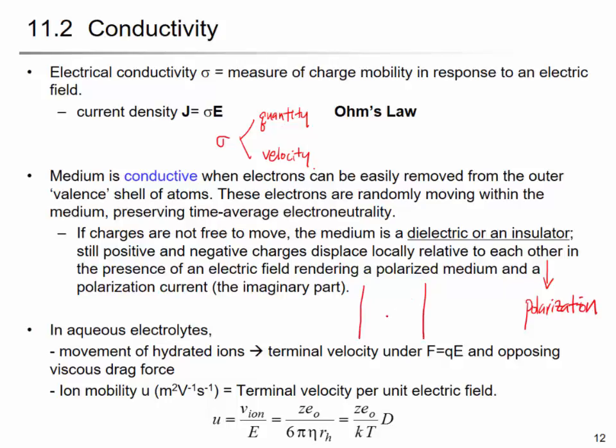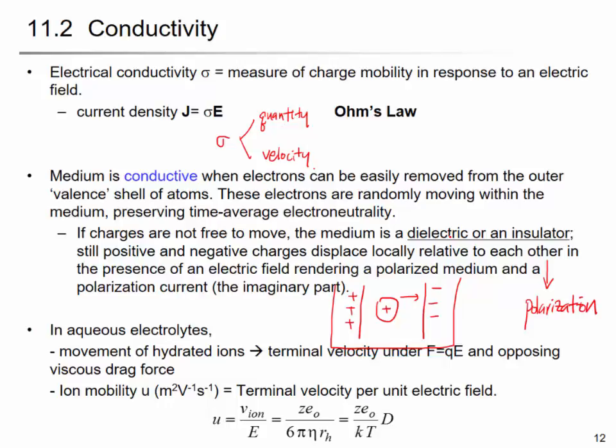So the movement of the hydrated ion, for example, you apply the electric field, and this is the solution, and you have an ion, and this will move, right, to a certain velocity, and when the velocity becomes constant, then it means that the force is equilibrated, right? So what force is acting on this charge?